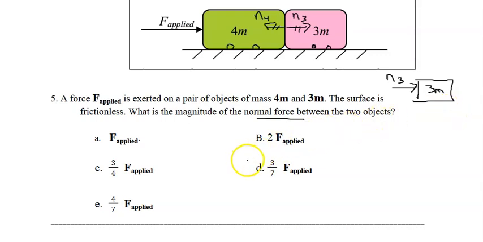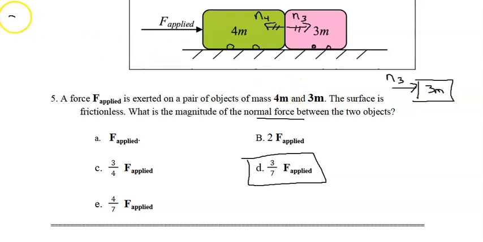So the internal force is 3/7 of the applied force in this case, because what's in front of it is 3/7 of all of the mass. Okay, so that's a great trick, again, especially if you are taking the AP. Some of the questions are really logic problems that they don't want you to take the time to do, but I will show you how to do this problem out the long way.